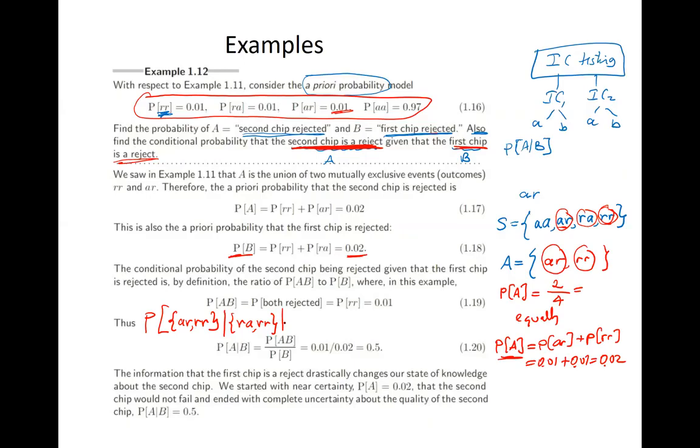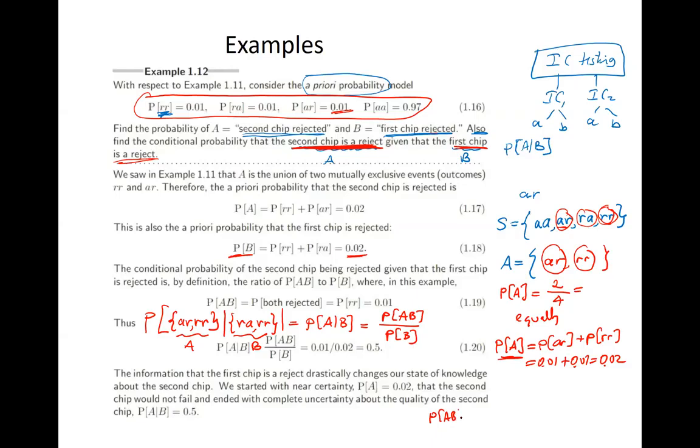Okay. Find this probability. This is equal to A actually, and this is equal to B. So this is equal to probability of A given B. And from the formula, I know that this is equal to probability of AB divided by probability of B. What is probability of AB?